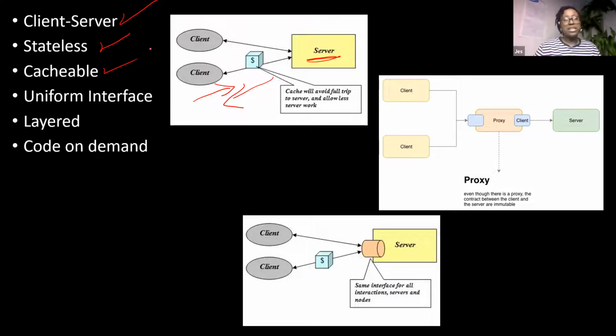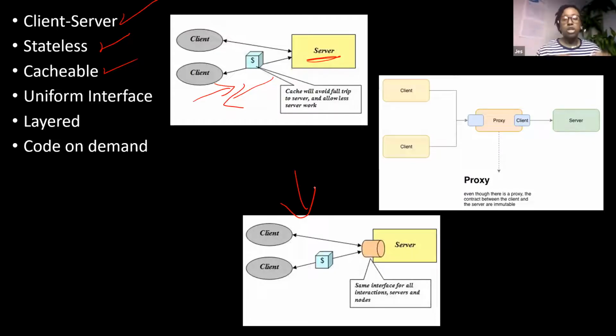Okay, anyway, so uniform interface. Uniform interface is basically saying that there's a uniform way of interacting with a given server or type of application. So if you look down here, this is an example I was able to find of uniform interface. No matter what we're using, whether a phone, tablet, computer, laptop, or desktop, whether we're using SSH or a GUI, on this client or that client, it doesn't matter.